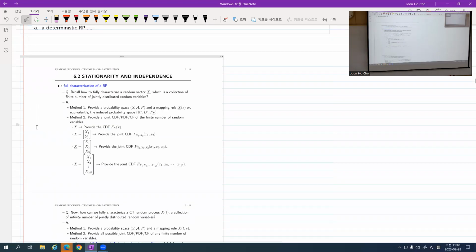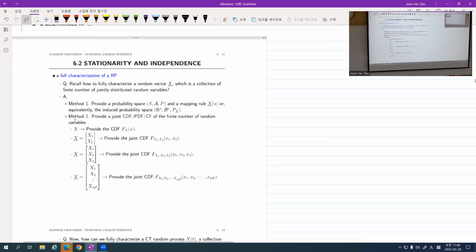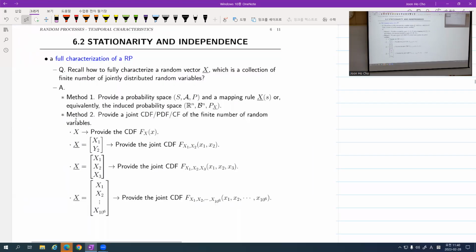Okay, so here goes stationarity and independence. And you will see the power of Kolmogorov's approach when you read this one. First, the question is this: how can you fully characterize statistically or probabilistically a random process? Now you know that there are two ways. The first is using nth order joint CDF or PDF, or if you want, characteristic functions.